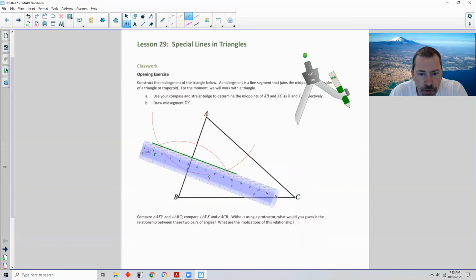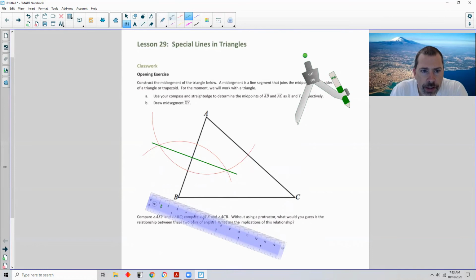So that goes through those 2 points right there. So there is the midpoint of AB. So I'm going to put a dot there. Okay, there's the midpoint of AB.